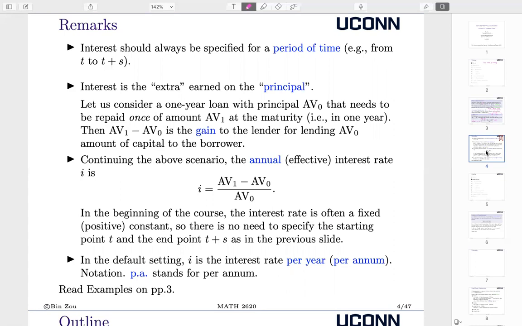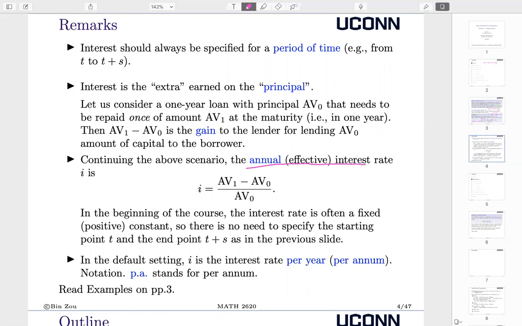So again, that's because usually we want to work out the interest rate for a given period, and that is usually 1 year. So this may be more familiar to many of you. Continuing the above scenario, we can define the annual interest rate, annual.